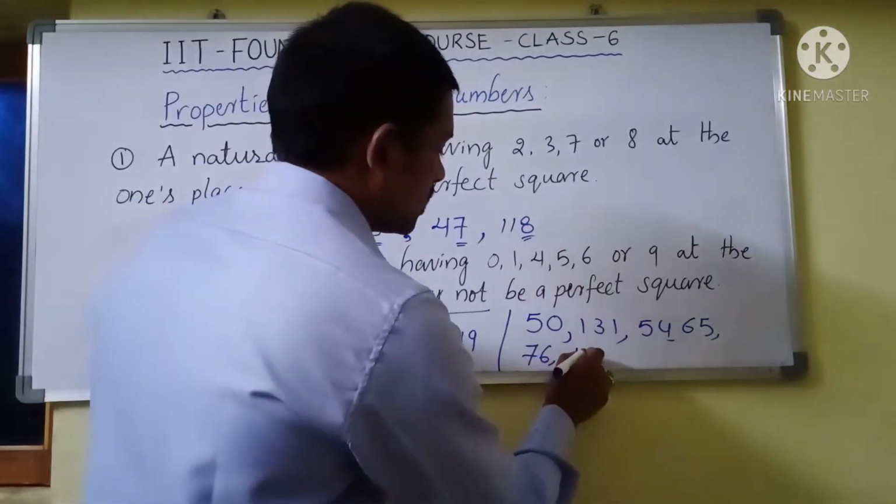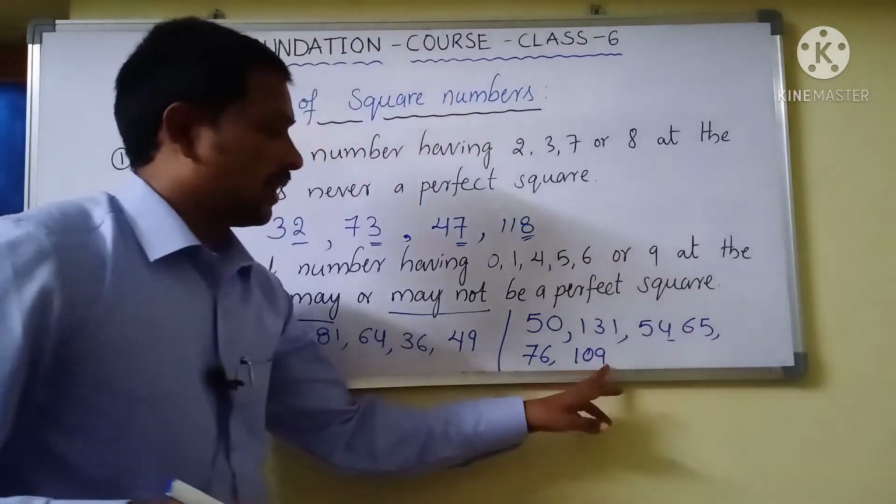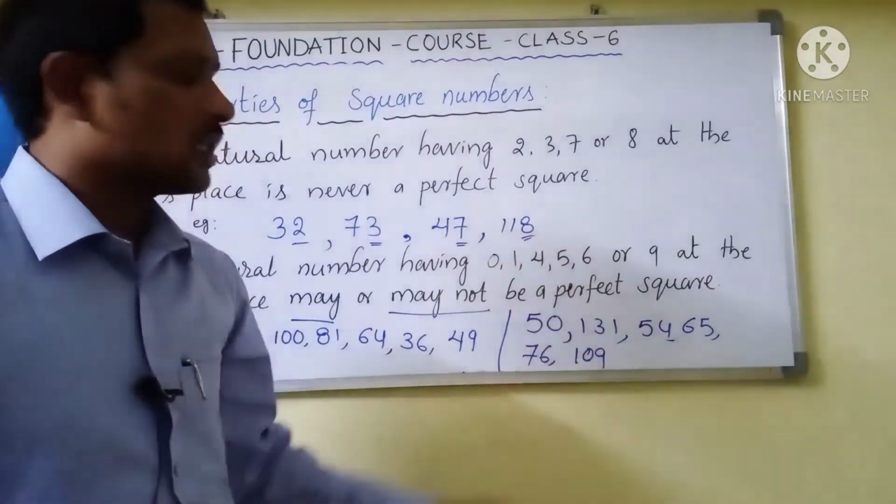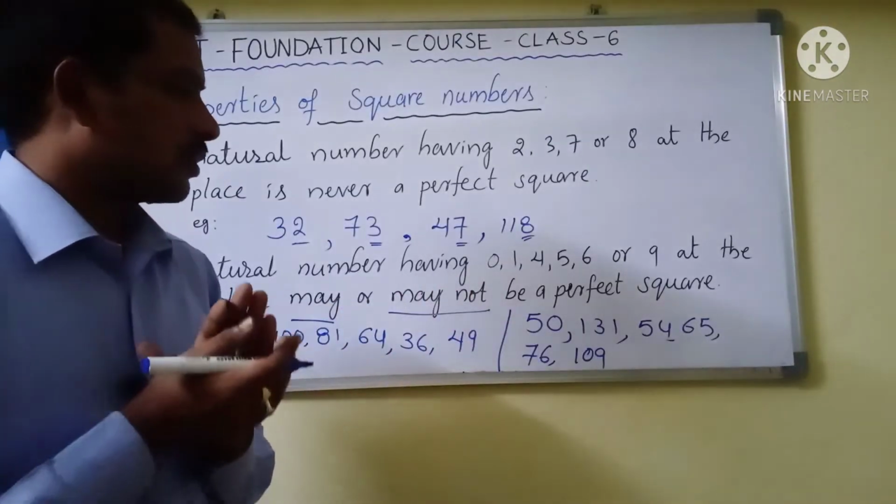And finally 109, ending with 9, is also not a perfect square.